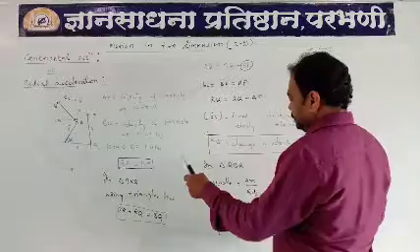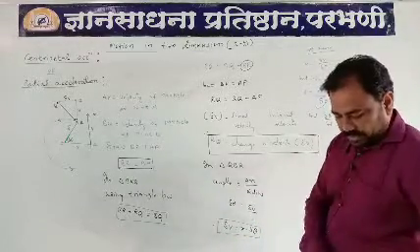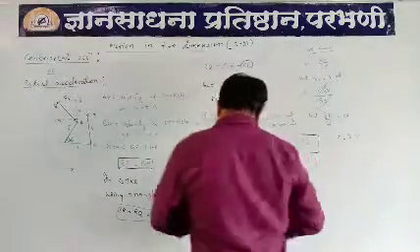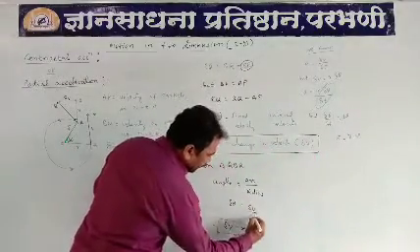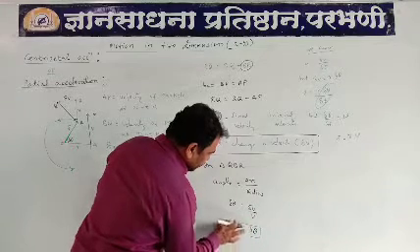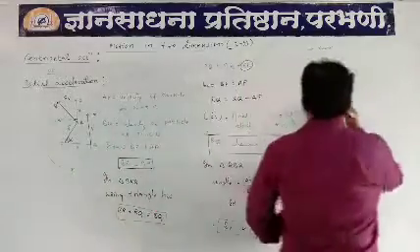That's why in place of this radius we can write velocity, because this radius indicates velocity. So delta V upon V, and delta V is equal to V into delta theta. This is the proper formula which we have to use here.